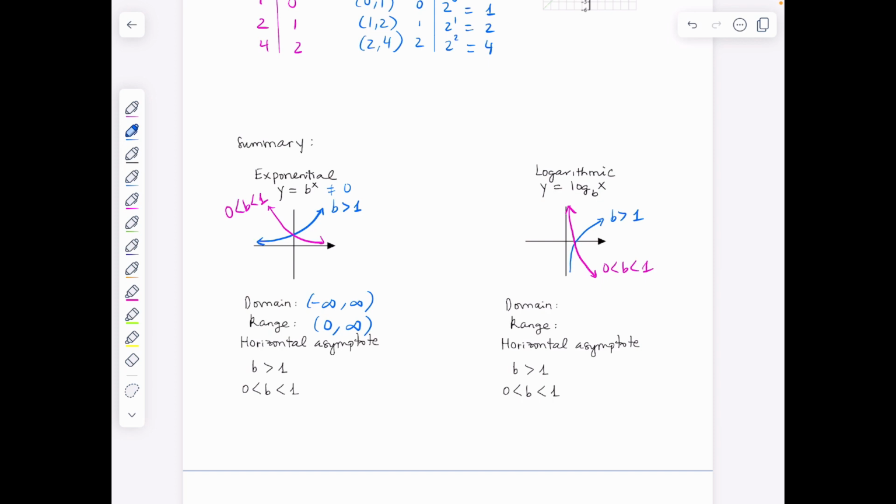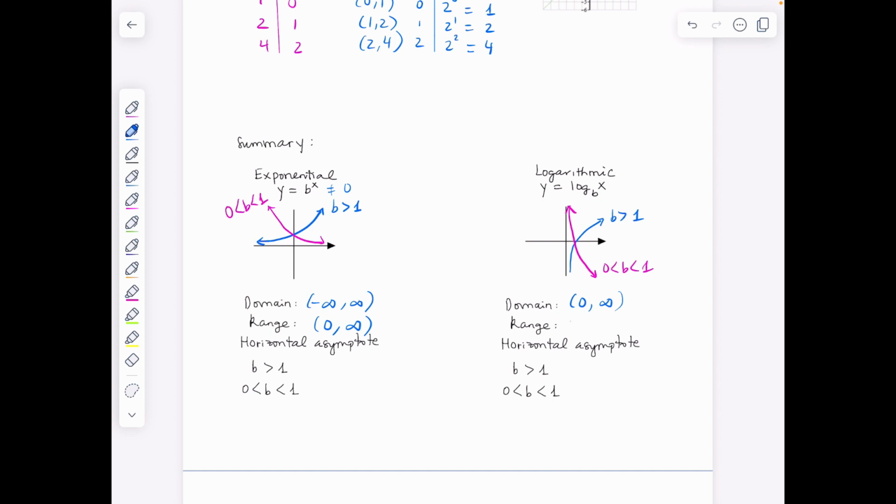The domain for the logarithmic function, as you notice in the graphs I drew here, is always on the right side of the y-axis. So the domain is always from 0 to infinity. It never touches the vertical axis.